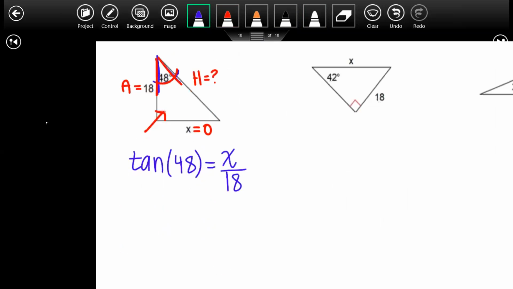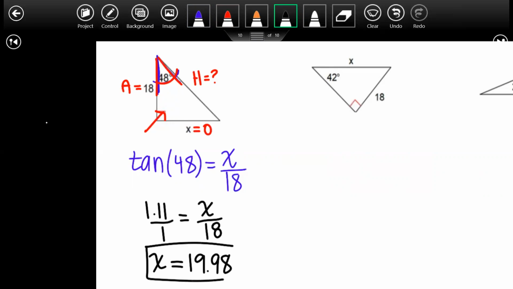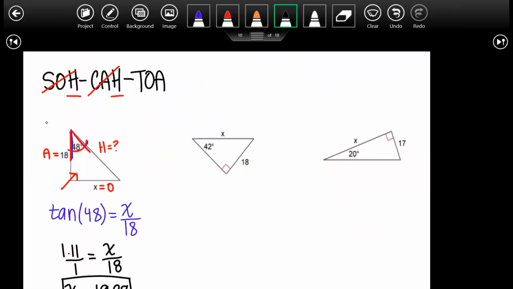How do we solve this? Tangent of 48. Cross multiply. 1.11 times... Same doings.